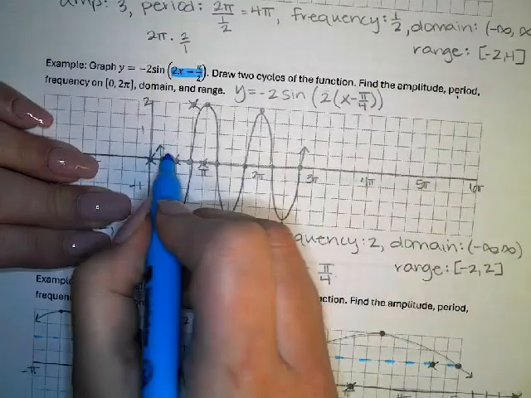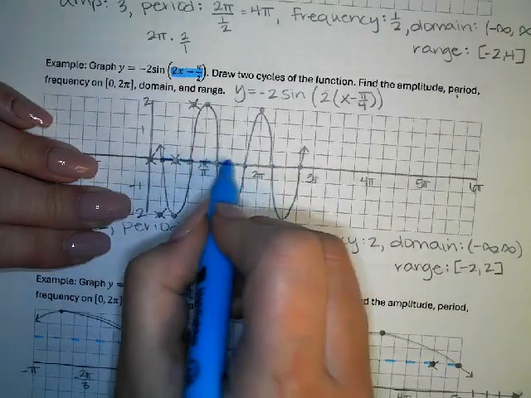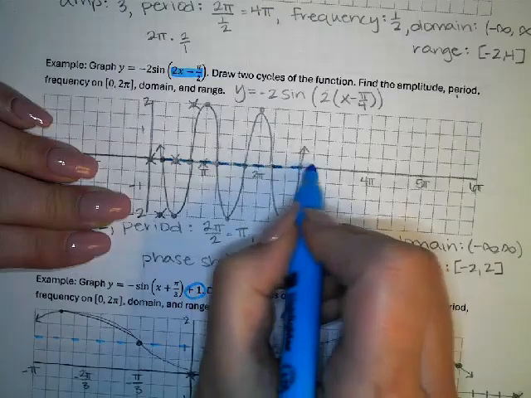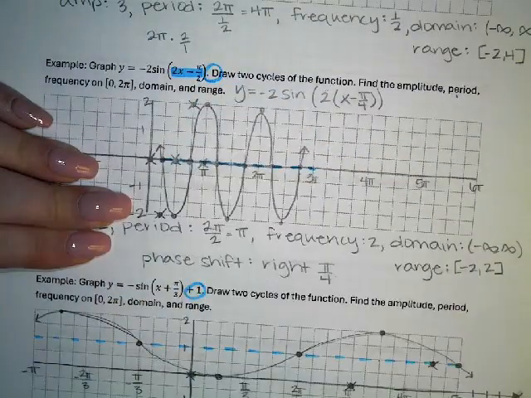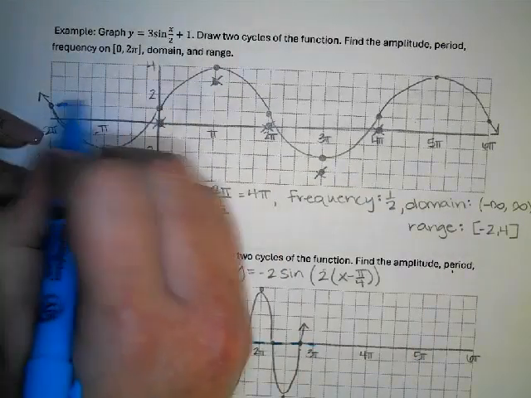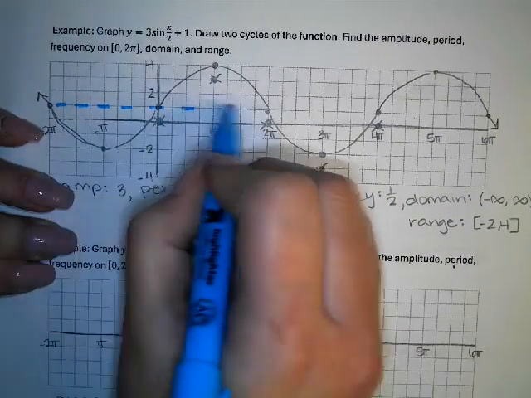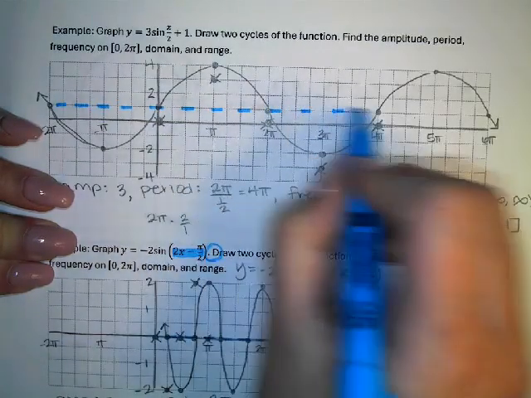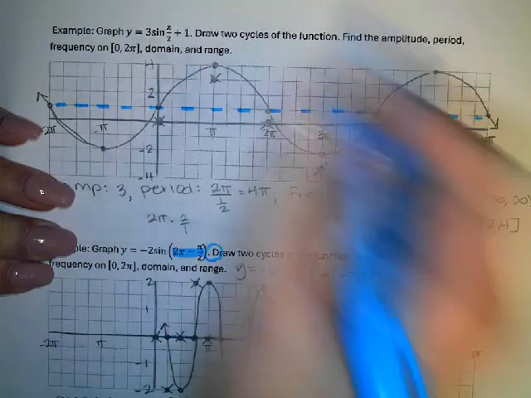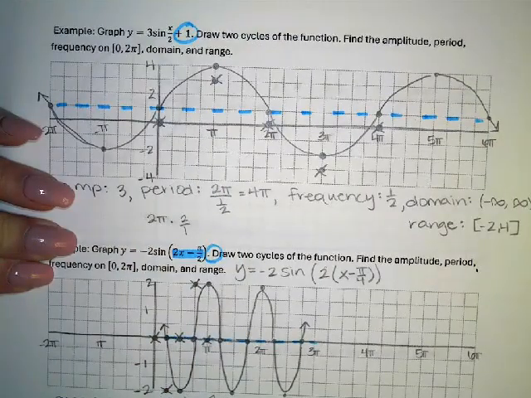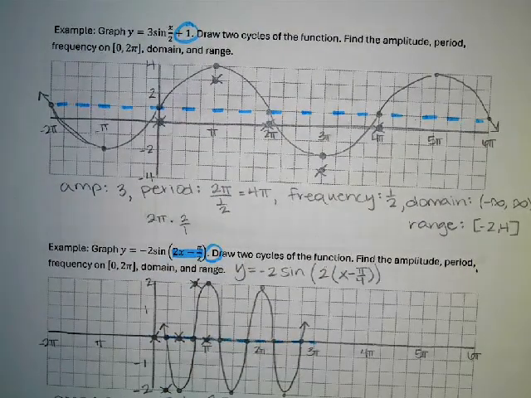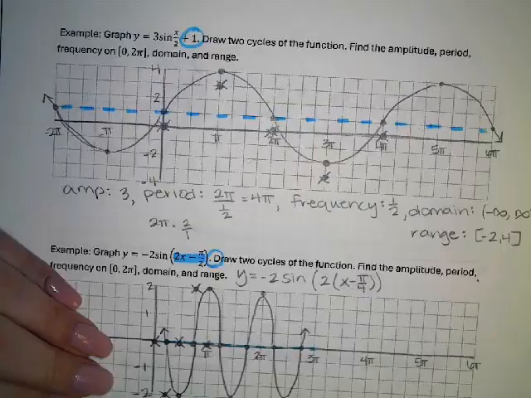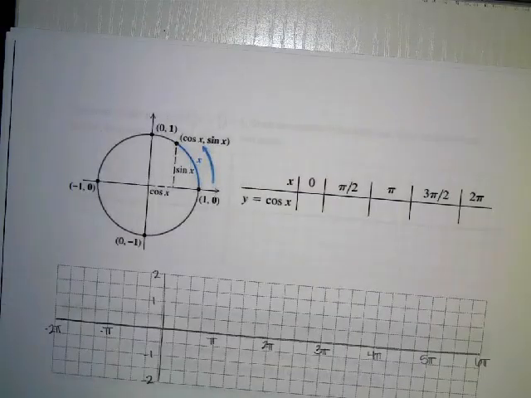For this graph, the midline is at 0, and that's because there is 0 on the end of the equation. There's no number there. Here, this graph, the midline is at 1, and that's because of the +1 on the end of the equation. And so that's something that's important to notice about these graphs, is that you can see the midline in the equation itself.